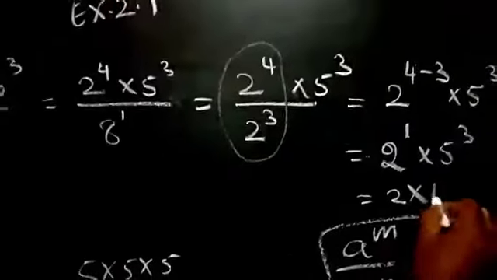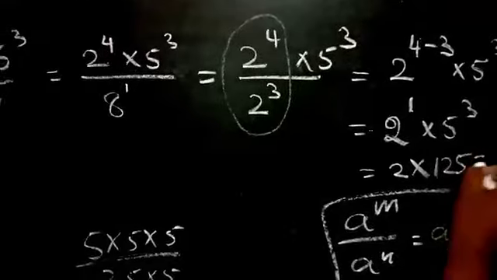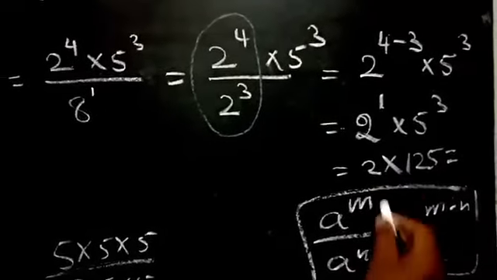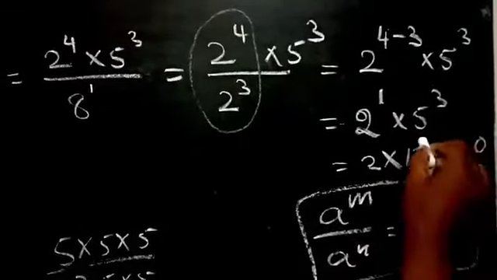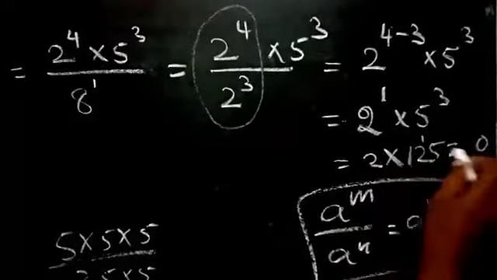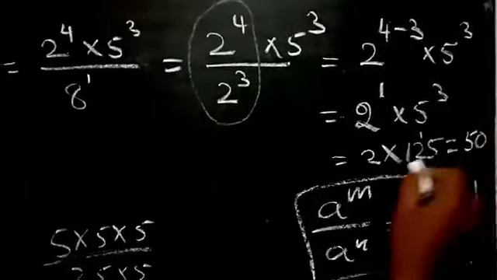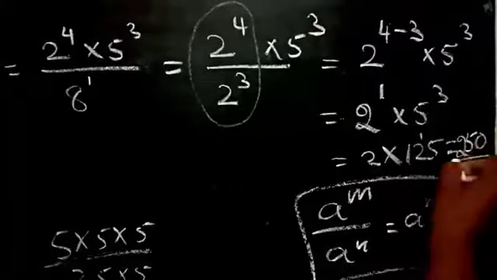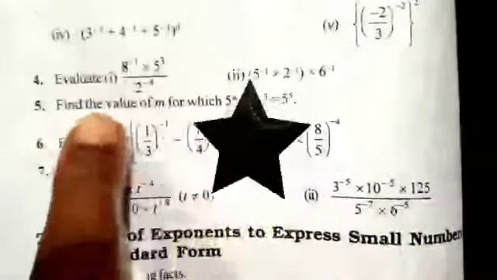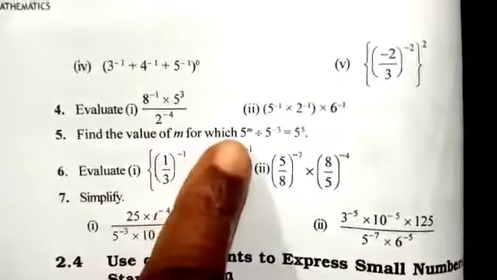Now 125 into 2: 2 5s are 10, carry 1, 2 2s are 4, 4 plus 1 is 5, 1 2s are 2. So 250 is the answer.